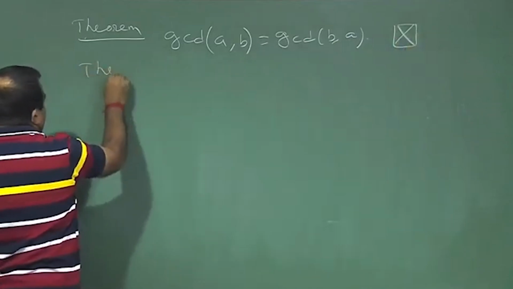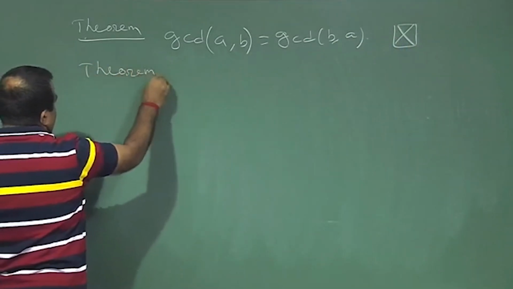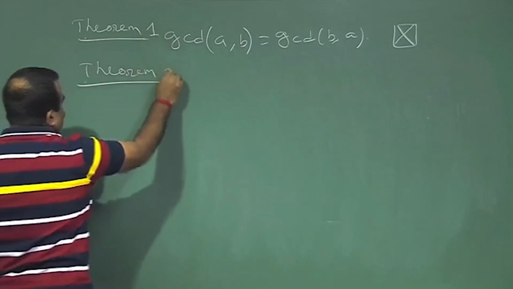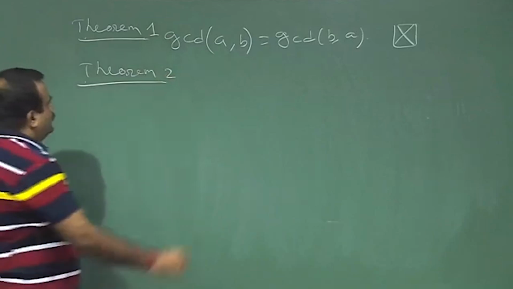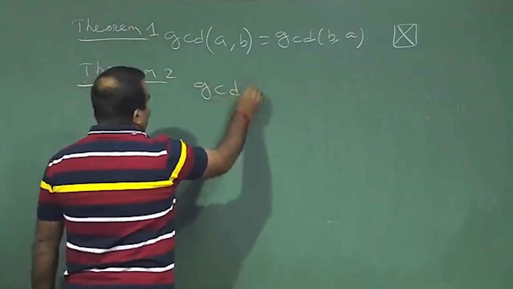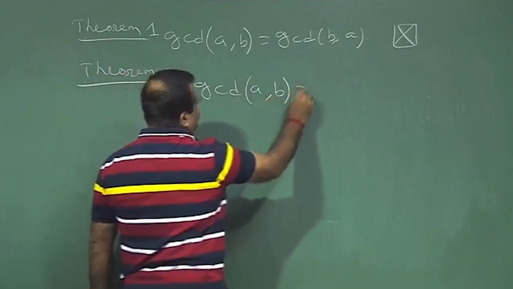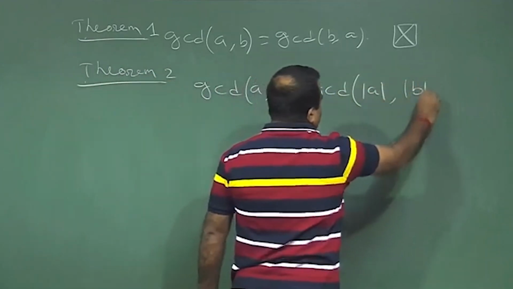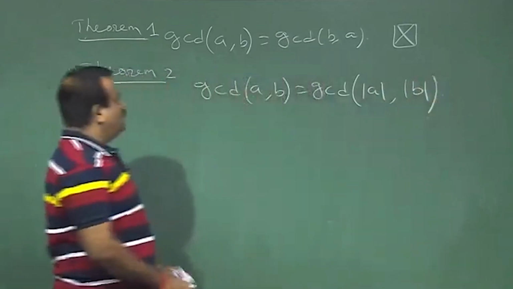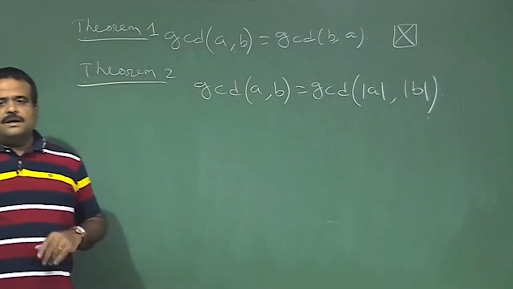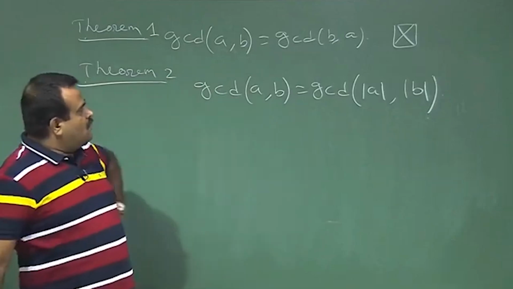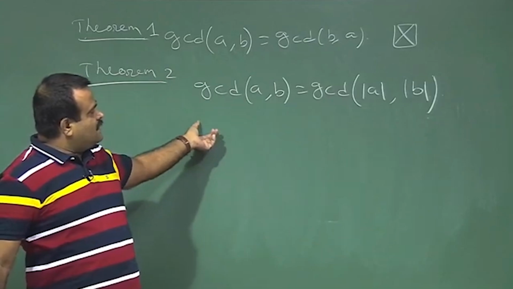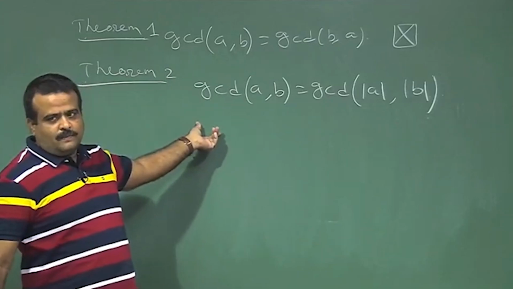Now, another theorem, so we can mark the number. GCD of A, B is the same as GCD of mod A, mod B, because A, B could be negative also, but for divisors we are taking the greatest common divisor. So, if C is a divisor, then minus C is also a divisor.